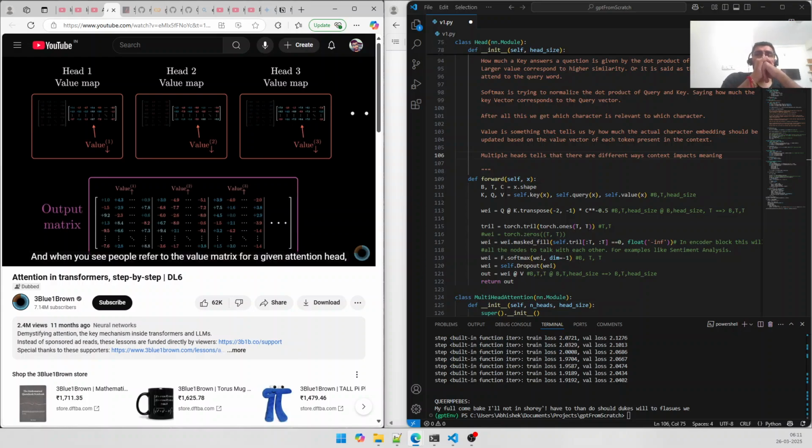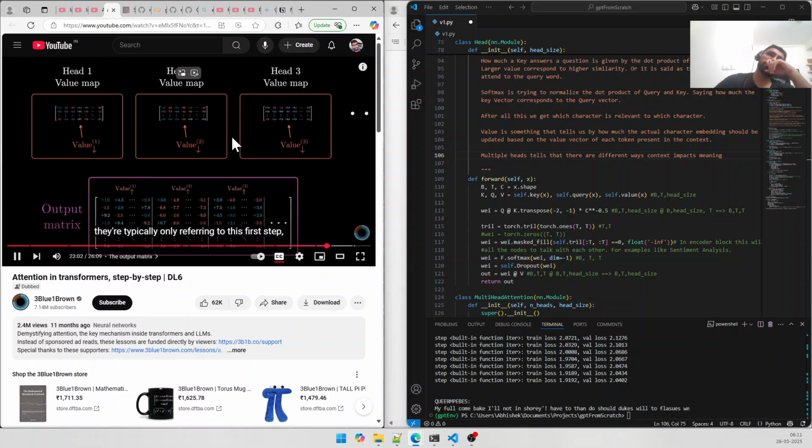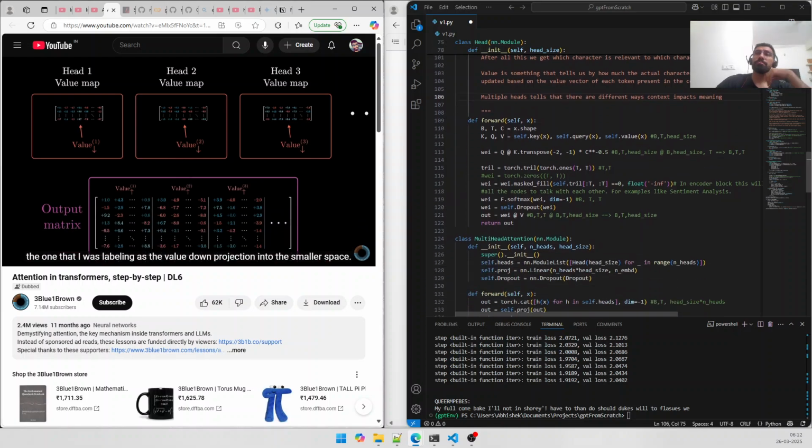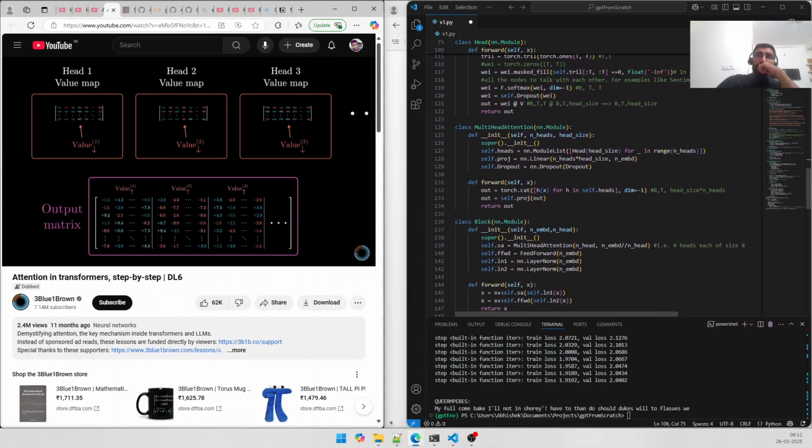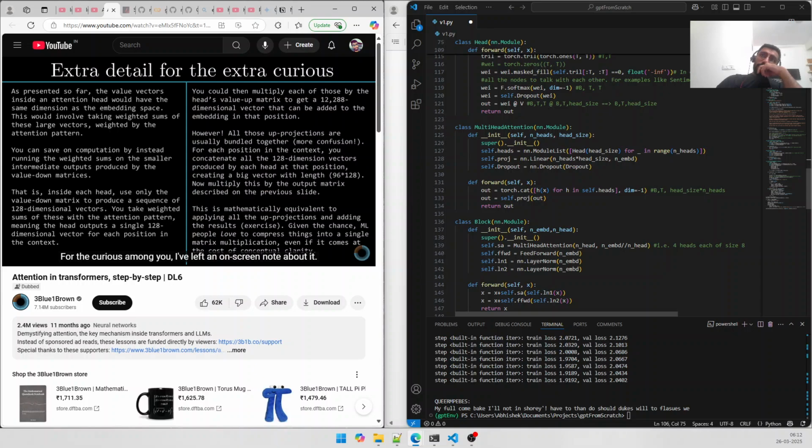And when you see people refer to the value matrix for a given attention head, they're typically only referring to this first step, the one that I was labeling as the value down projection into the smaller space. For the curious among you, I've left an on-screen note about it.